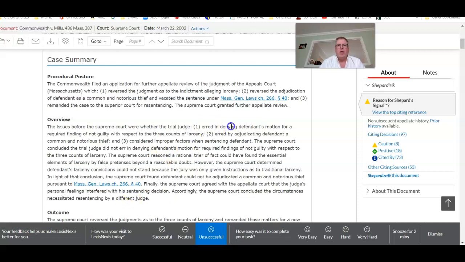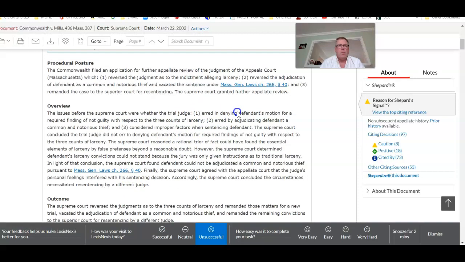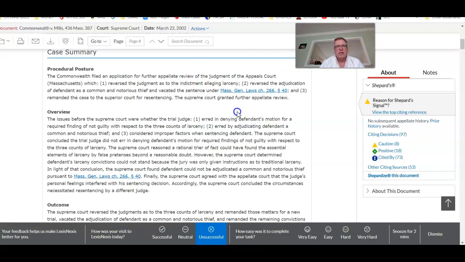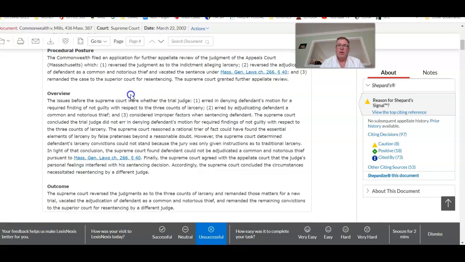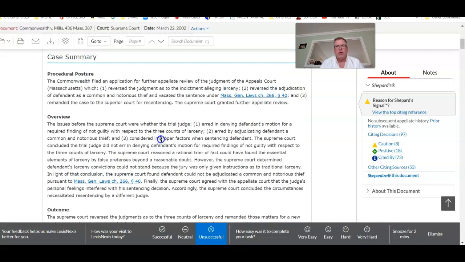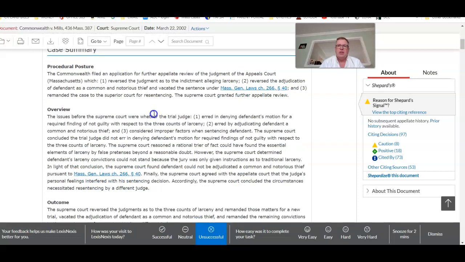The Supreme Court granted further appellate review. That's the procedural posture. It's kind of complicated, but what they're telling you here is that the defendant won the first round. He appealed and went to the appeals court. He got some of his convictions knocked out by the appeals court, and this court reversed. It was appealed to the Supreme Court of Massachusetts, and the SJC reversed the appeals court.